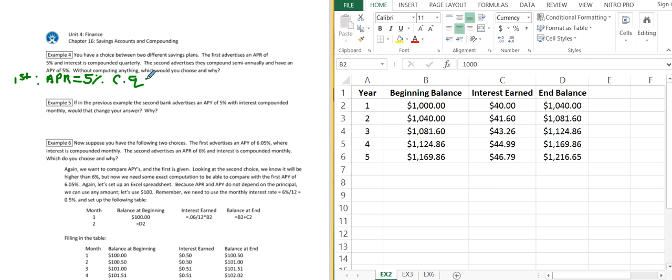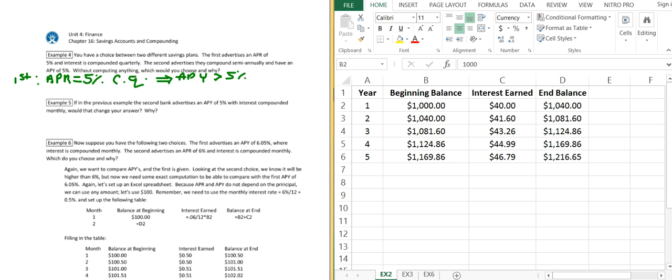What that tells me is, because it's being compounded more than once a year, that the annual percent that I actually yield is going to be a little bit bigger than what the APR was, which was 5%.